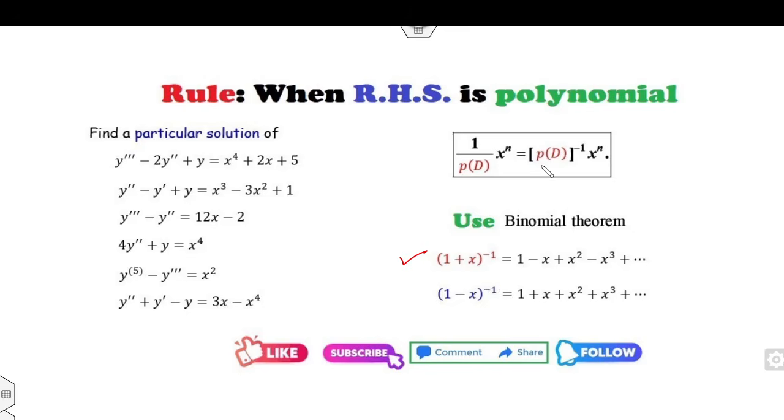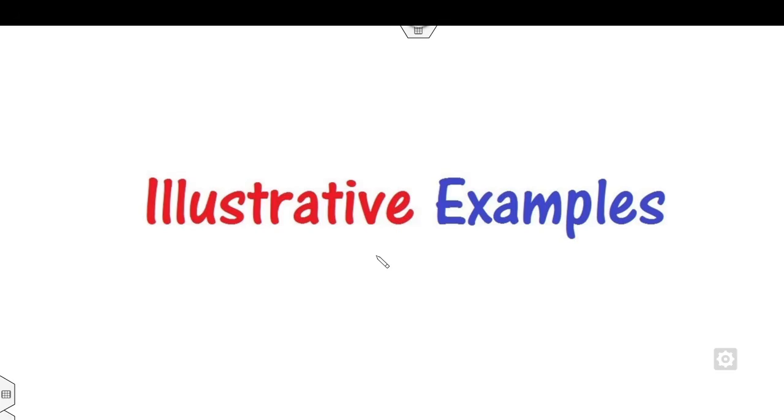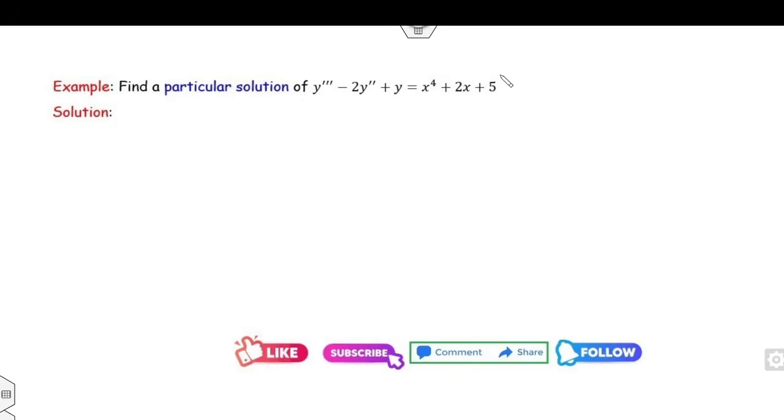Make sure, students, when you expand in terms of -1, the first quantity must be 1. The first quantity must be 1. If it is not, like D squared plus D, then you can take D as a common, then it is my 1. Fine. Now I will explain you with the help of numerical examples.